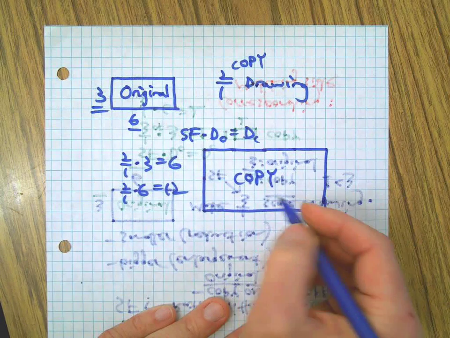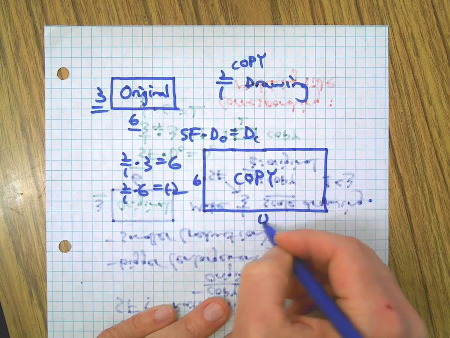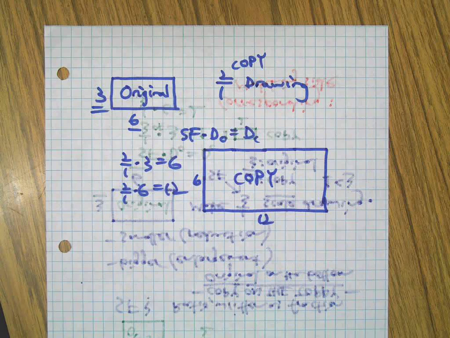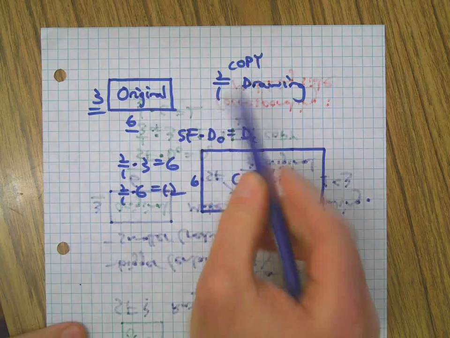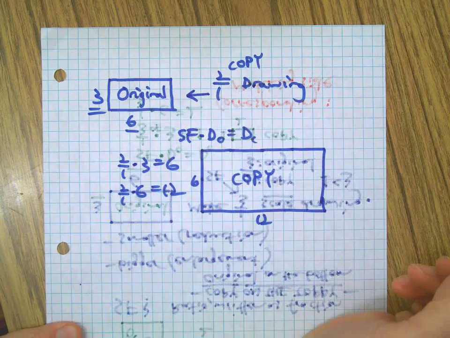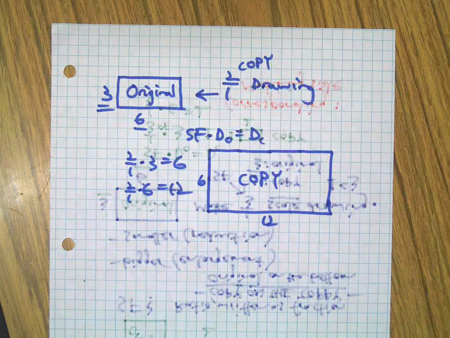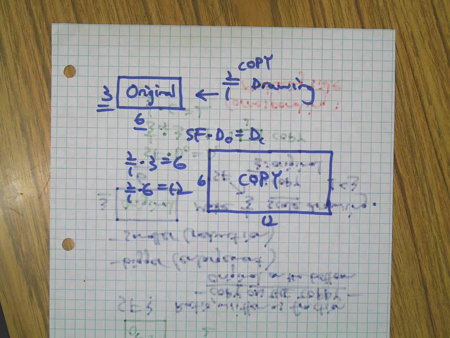Okay, so in this case, the copy was bigger than the original. That's how it works. So your scale factor should always be written as a fraction. You should always have both numbers there, even when there's just a 1 on the bottom. That 1 represents the dimensions on the original. So don't wipe it out. Leave it there.